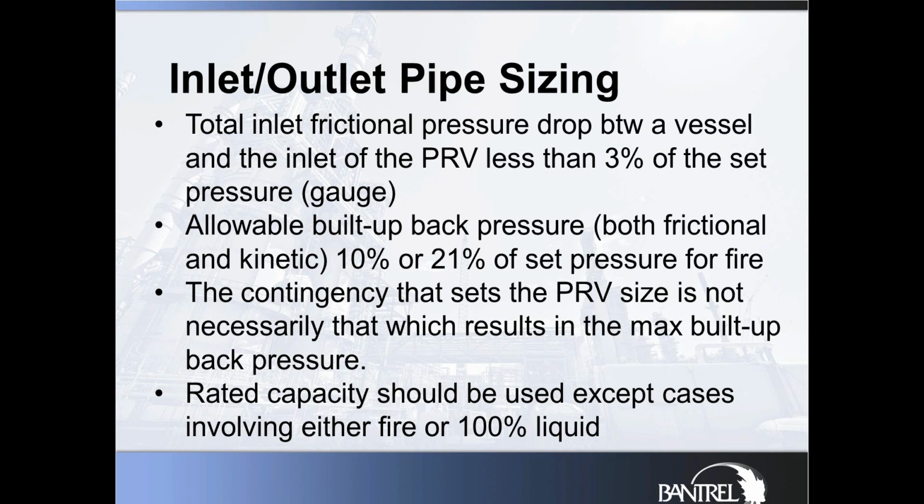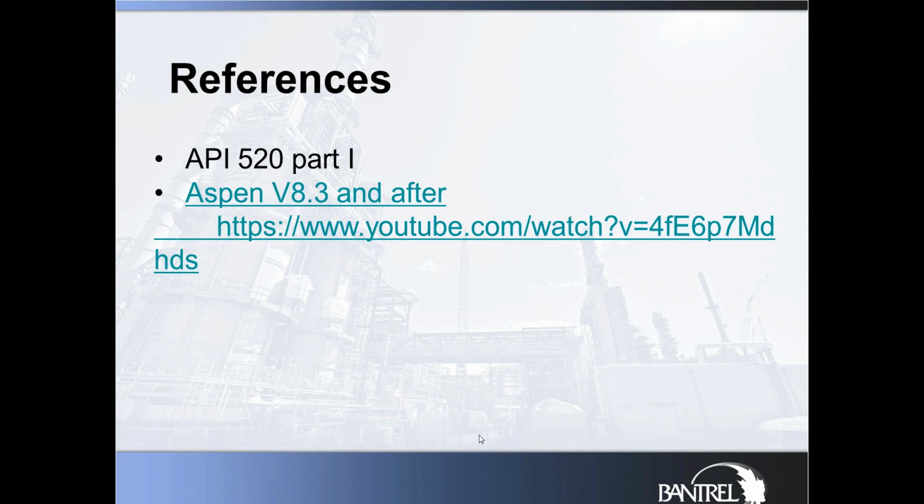Allowable built-up back pressure, both frictional and kinetic, should be 10%, or 21% of the set pressure for fire. The contingency that sets the PRV size is not necessarily that which results in the maximum built-up back pressure. Rated capacity should be used except in cases involving either fire or 100% liquid. And the reference is API 520 Part 1.